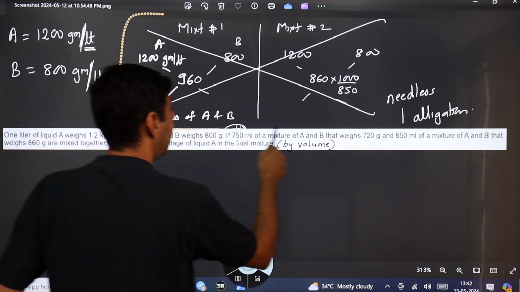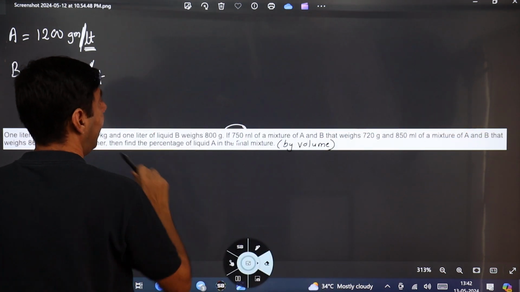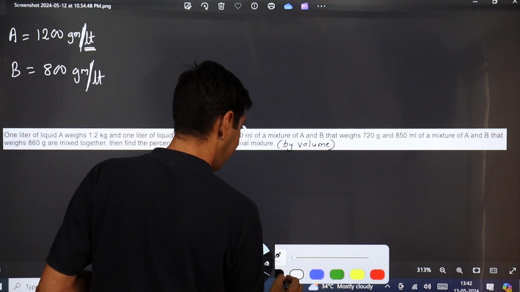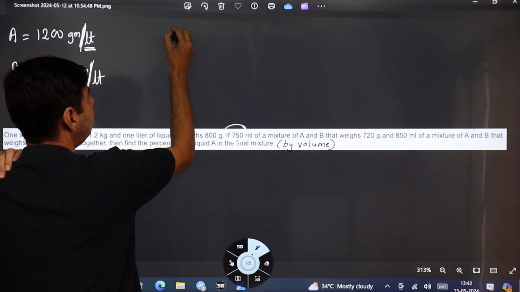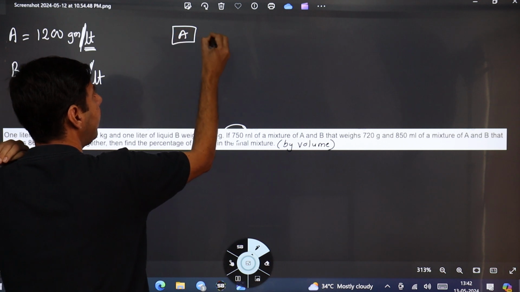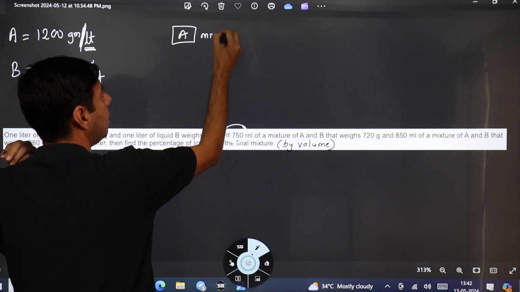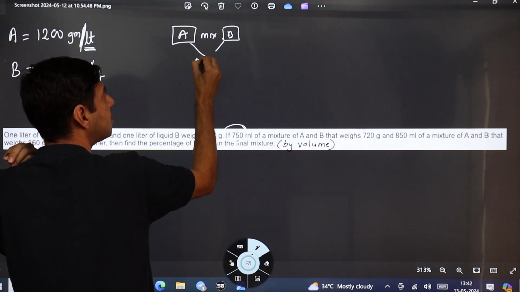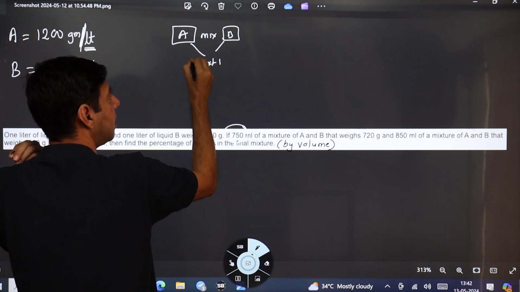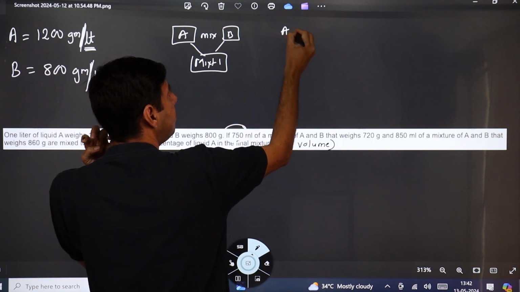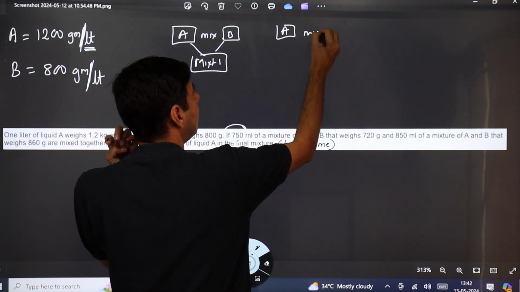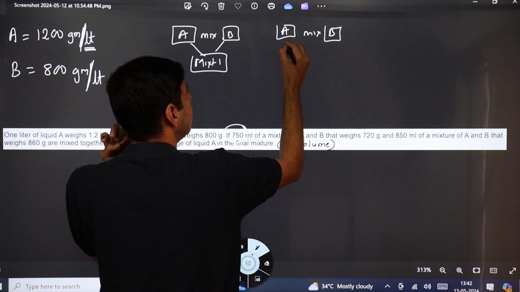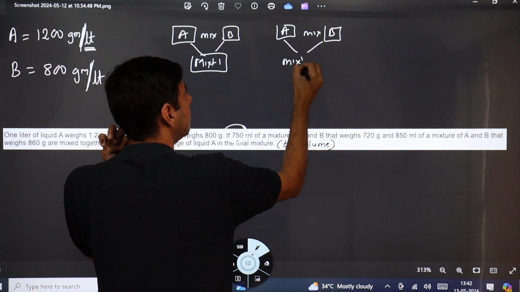Look here. The idea is that if I have some A mixed with some B, this gives me mixture 1, right? And similarly, some A mixed with some B gives me mixture 2.